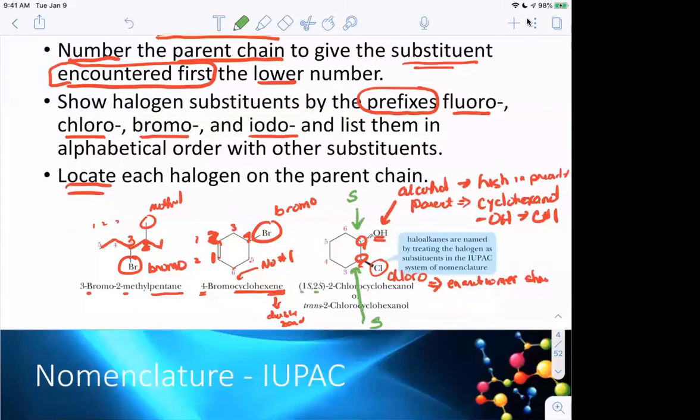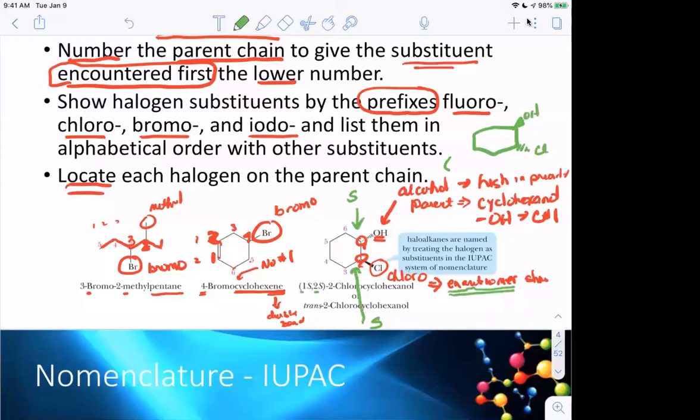Notice I have to indicate the carbon of the substituent and the stereochemistry of that substituent, the way it's drawn. So this is actually giving me a specific enantiomer. So the other enantiomer of that compound would be if my OH is bolded and my Cl is hashed.